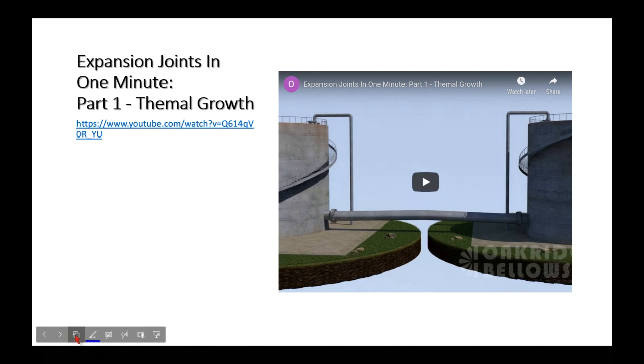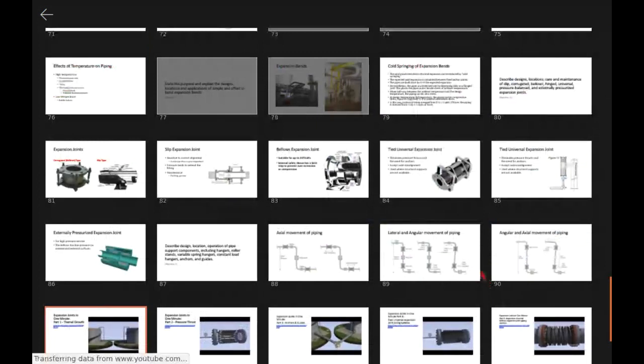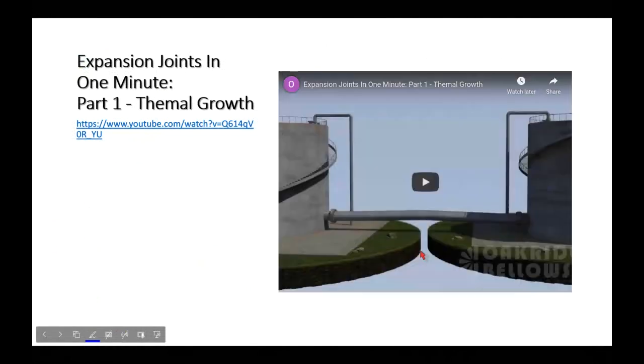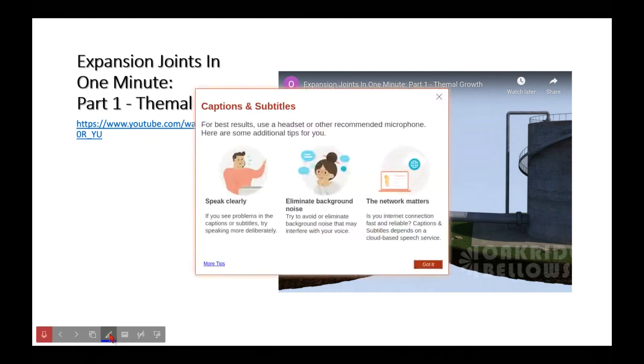Maybe I just need a pointer. Nope, I don't want that. Well, we'll go back there. Now it's showing me pen again. Why can't I turn off the pen? What turns off the pen? Does that turn off the pen? Nope.